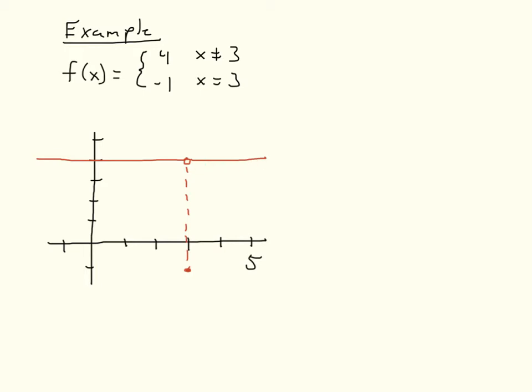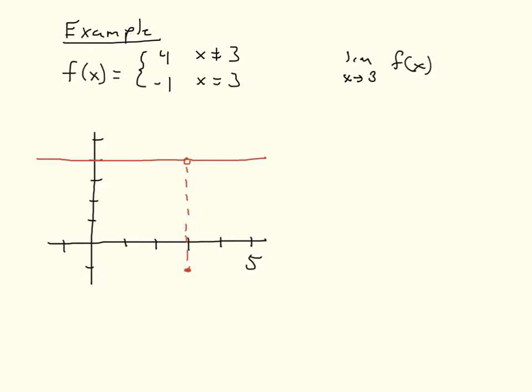And so, we want to find out what is the limit here as x approaches 3 of f of x. Well, remember, we want to find the one number that f of x gets closer to as x approaches 3 but is not equal to 3. See the difference? See the key?